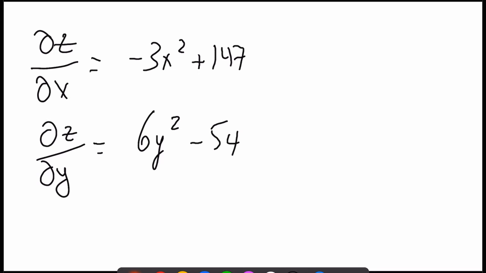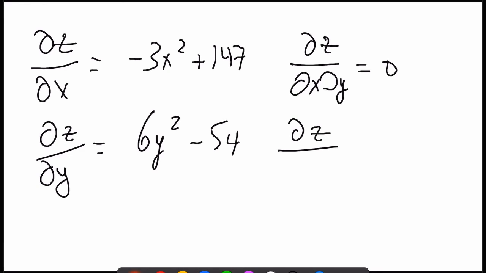Yeah, so it is 0. The cross partials are 0. I was right the first time. But we need to do the cross partials on these guys, not on those guys. Okay? Is that exciting?